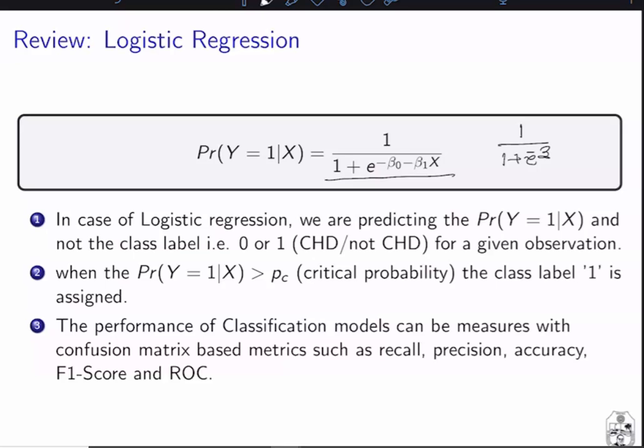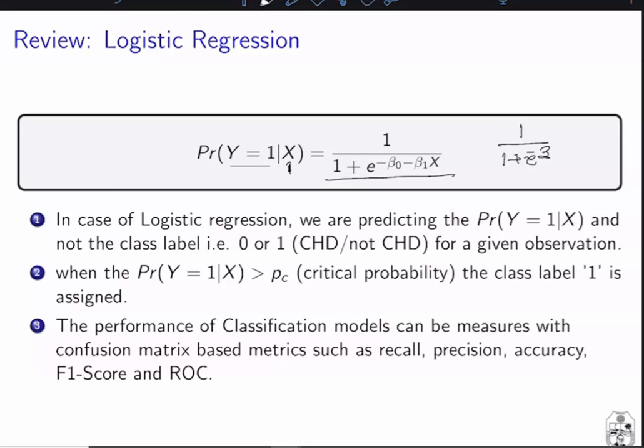The value of the sigmoid function is interpreted as the probability of an observation x belonging to the class labeled 1. So this is the interpretation of the output value of the sigmoid function.